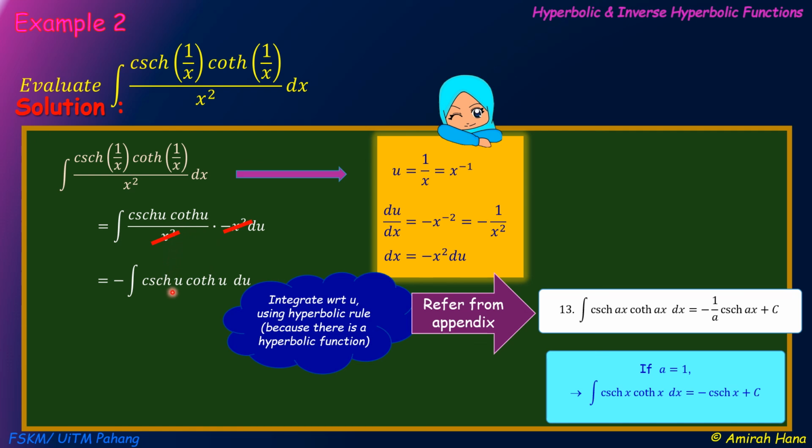Now we have integration of cosec u cot u du. So the final answer is, we still have negative outside, and when we integrate cosec u cot u du, we refer to this formula. So the answer is negative cosec u plus c.